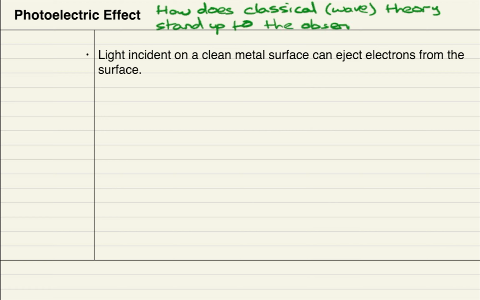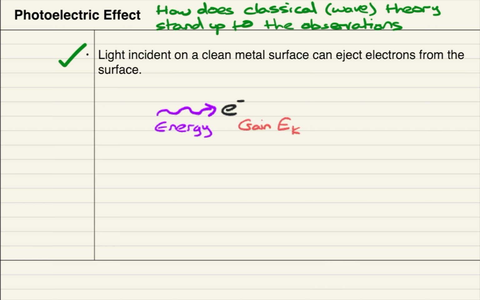First off, light incident on a clean metal surface can eject electrons from the surface. Well, classical theory actually starts off well here, because this is okay. Shining a wave onto a metal can provide energy, and if electrons absorb that energy, then they could, in theory, be ejected. Okay, alright so far.